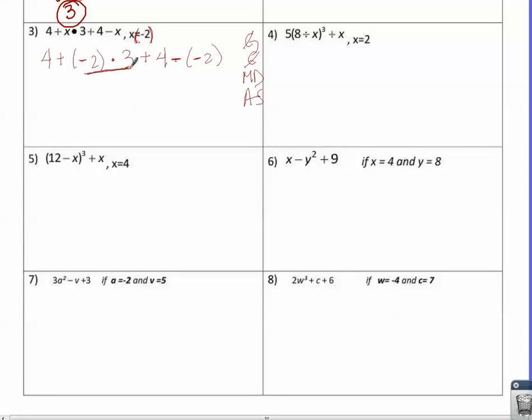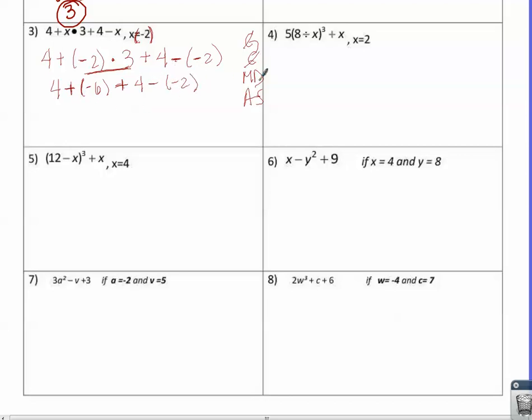The first one that comes up is -2 times 3. This is -6. So you can either say plus -6 or you can say 4 minus 6. Remember, those are the same thing. Bring down the rest of your problem.